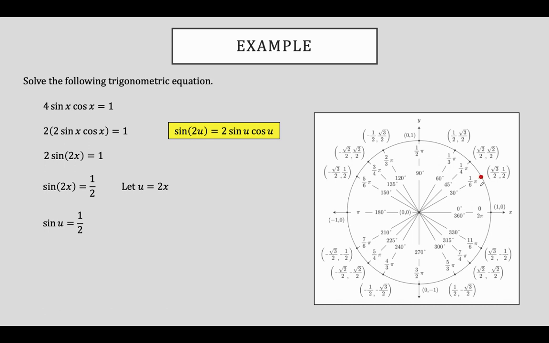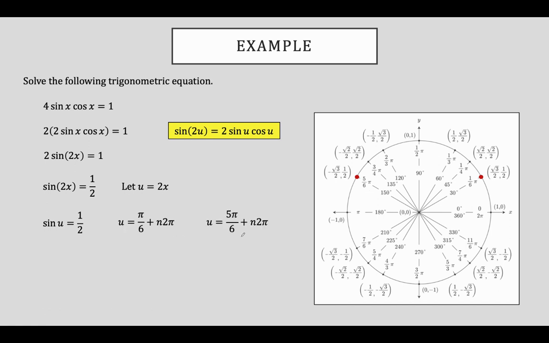That's pi over 6 and 5 pi over 6. Well, to accommodate for every single angle that terminates in the same location as pi over 6, we can tack on an n times 2 pi. We get u is equal to pi over 6 plus n 2 pi. And to account for every single angle that terminates in the same location as 5 pi over 6, we can tack on an n 2 pi as well.